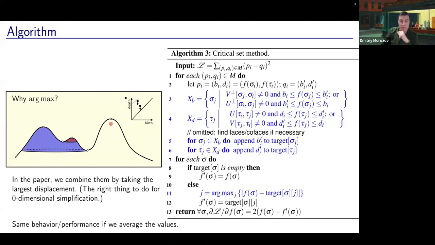This point will tell us to move this purple critical set down to this saddle, so just squash this to get rid of this. This point will tell us to move all of this down to this saddle. And of course, in this case, what you really want is to get rid of everything at once, so it makes sense to push everything down to the saddle. So it's a heuristic. We've tried other heuristics, for example, averaging the target values. It all works basically the same.